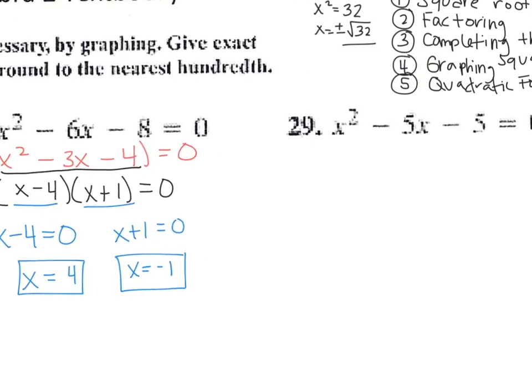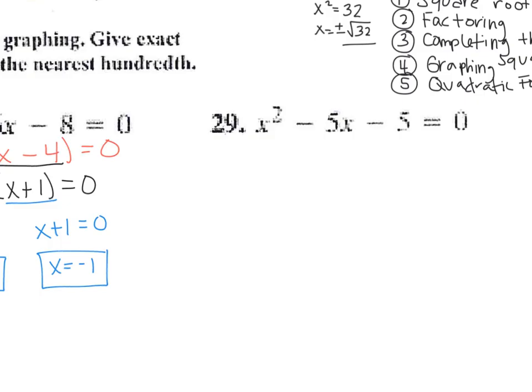And then 29, again, I have this b term, so I can't just take the square root of both sides. So I'm going to see if I can factor this. I do factors of negative 5 that add up to negative 5. Are there two numbers that when you multiply, you get negative 5, but when you add, you get negative 5?